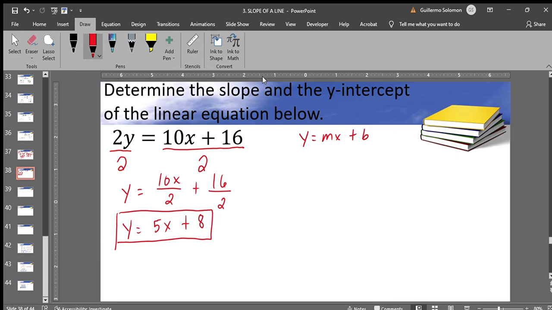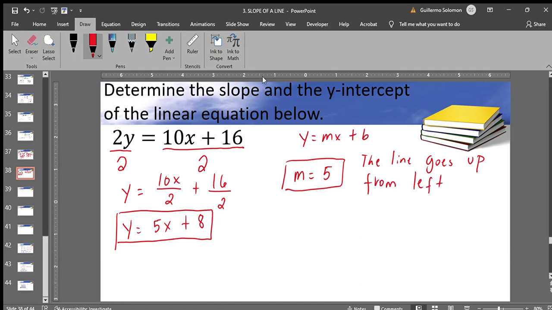Now, let us identify our slope. Our slope is 5. Okay, so since it is positive, the line goes up from left to right.